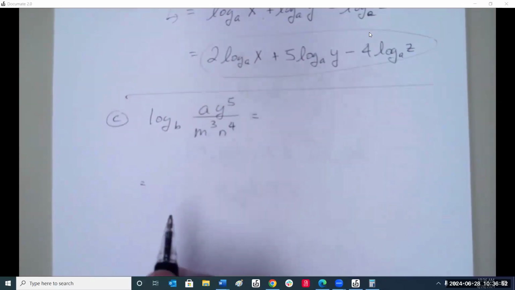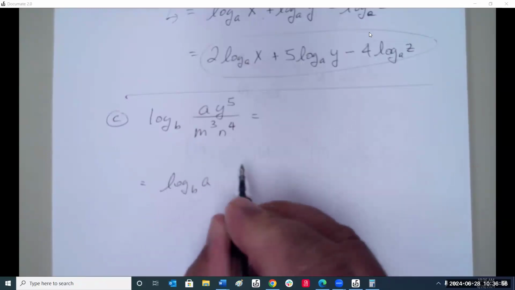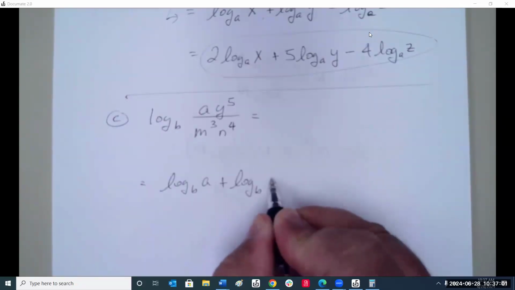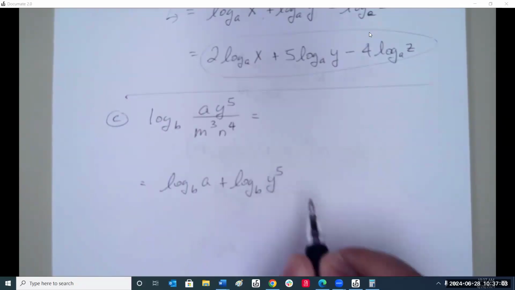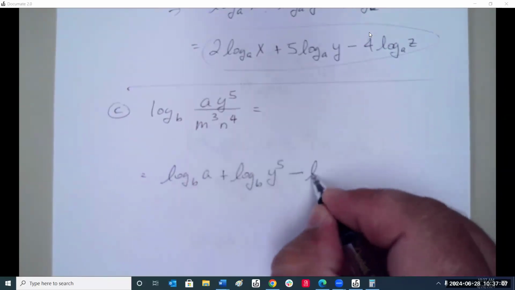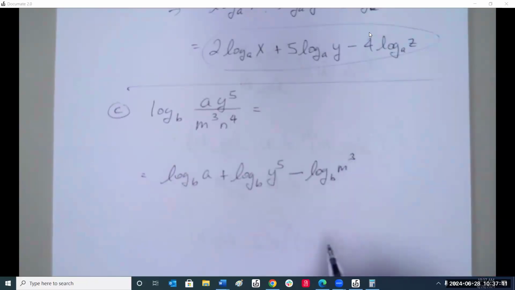Anything on the bottom will get a minus. So we get log b of a plus log b of y to the fifth minus log b of m cubed.